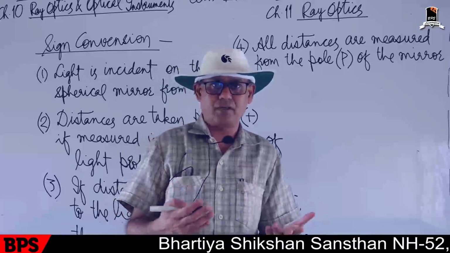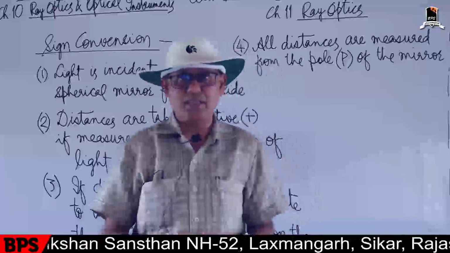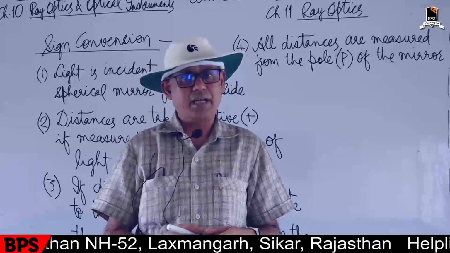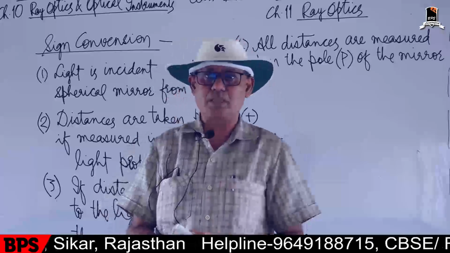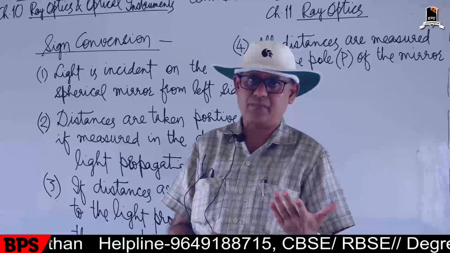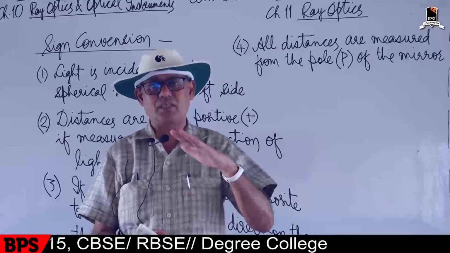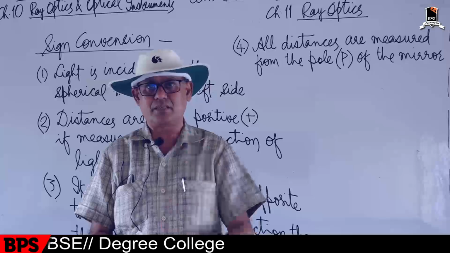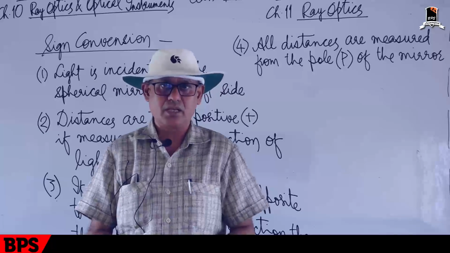So, if we attach some y-axis to the pole, and if we measure the distances towards the positive y-axis, then they are taken as positive, and if we measure the distances which are below the x-axis, means in the negative y direction, then they are taken as negative.